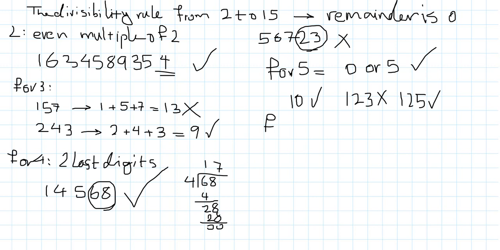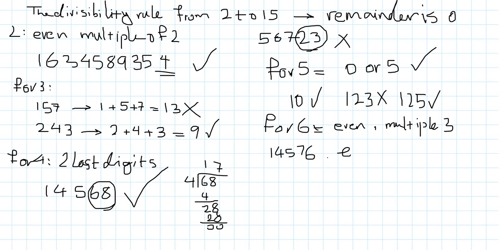For 6, it should be divisible by 2 and 3. It means it should be even at first and should be a multiple of 3. That means if you add the digits together, the sum can be divided by 3. Let's check this number: 1, 4, 5, 7, 6. At first it is even.